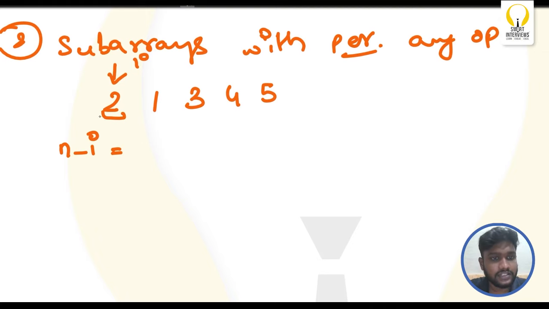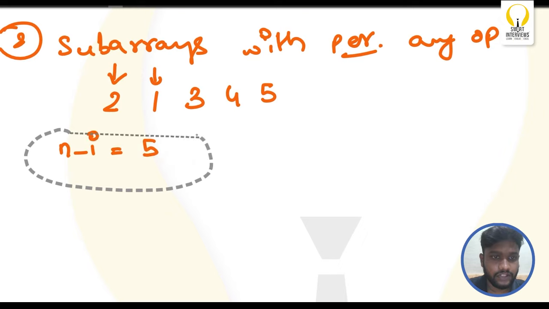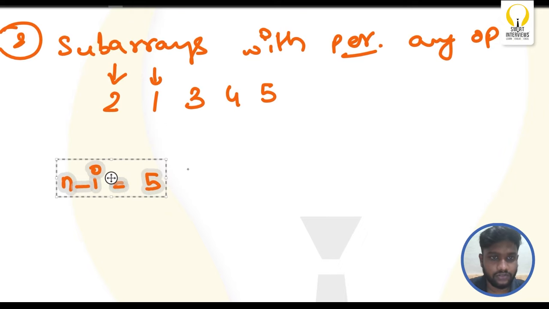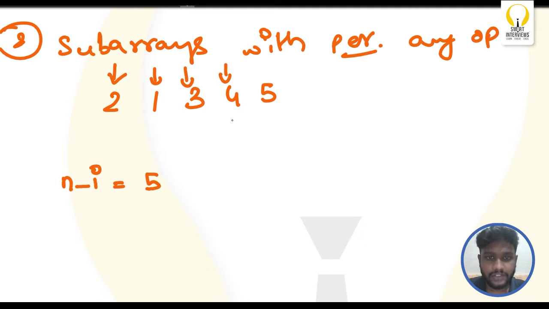That is, every subarray starting with 2 is going to have an even element, right? So in this case, the total number of such subarrays is 5. Next, in the case of 1, I don't know how many even elements there are. So starting with 1 there are 0 till now, and 3 also 0. But starting with 4, how many subarrays do I have?